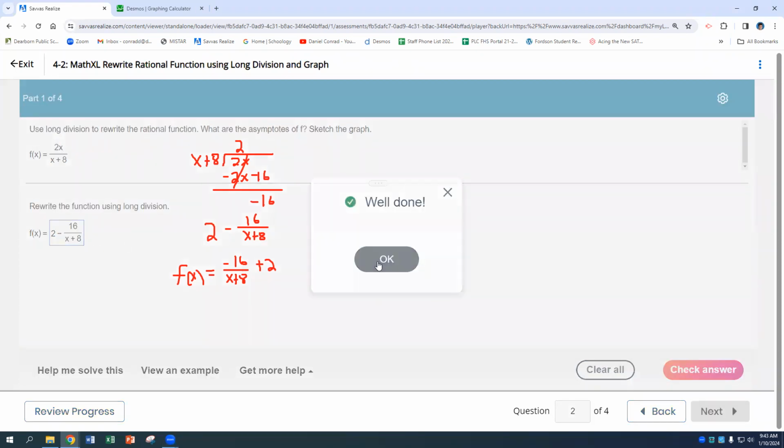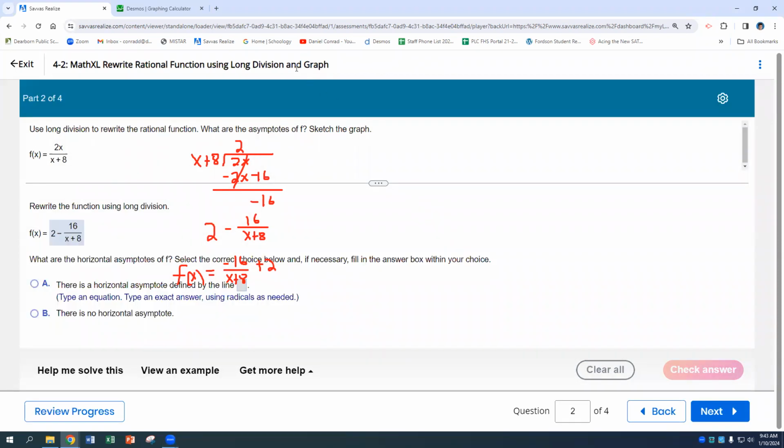Okay. From there, a horizontal asymptote is going to be y equals 2. Right? And your vertical asymptote is going to be x equals -8. So again, we got the 2 because that's our extra piece here, right? If this all goes to 0, we're going to be left at 2.